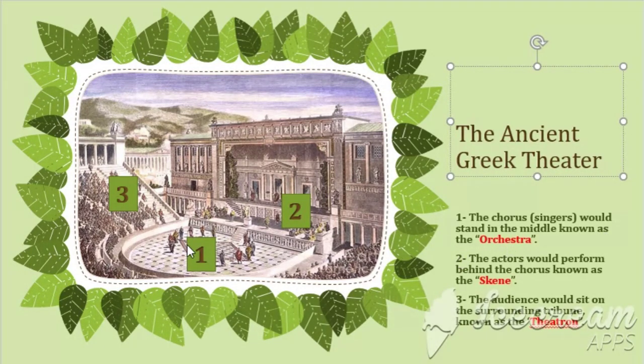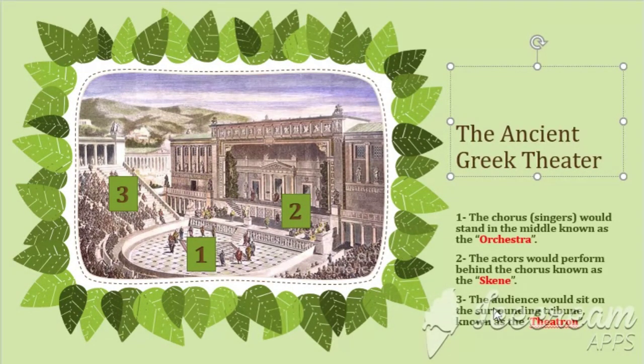So the singers who would sing stand right here in the middle. Number two, which is right here, the actors would perform behind the chorus, known as the skene. This is where the actors would stay and where they would perform their act.